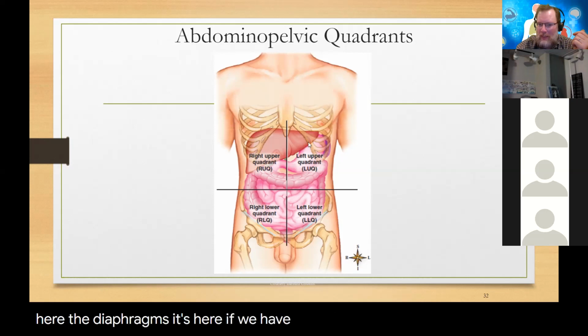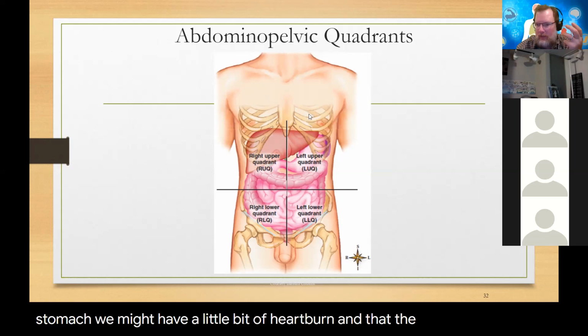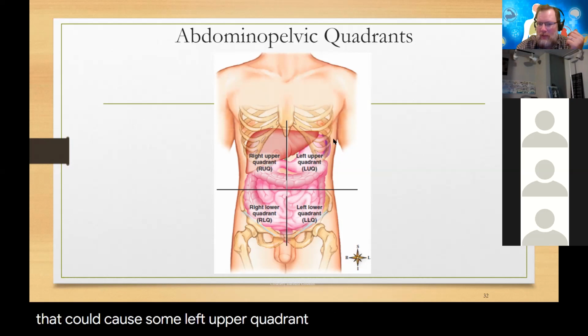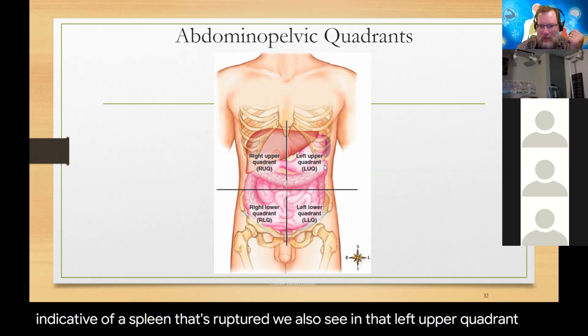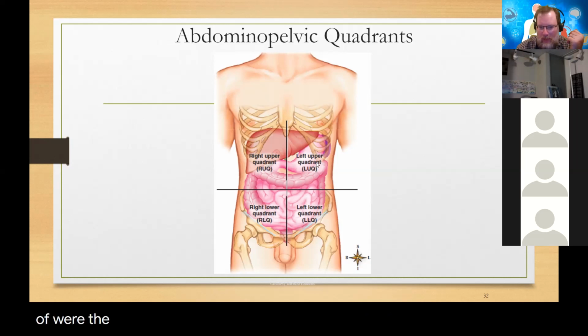If we have some acid indigestion coming from the stomach, we might have a little bit of heartburn, the acid reflux or GERD, that could cause some left upper quadrant pain. Again, if we've got some bruising or some sensitivity in that left upper quadrant, it could be indicative of a spleen that's ruptured.